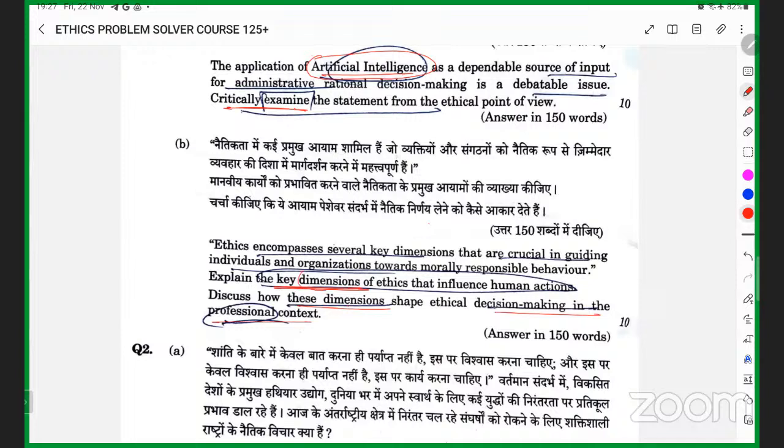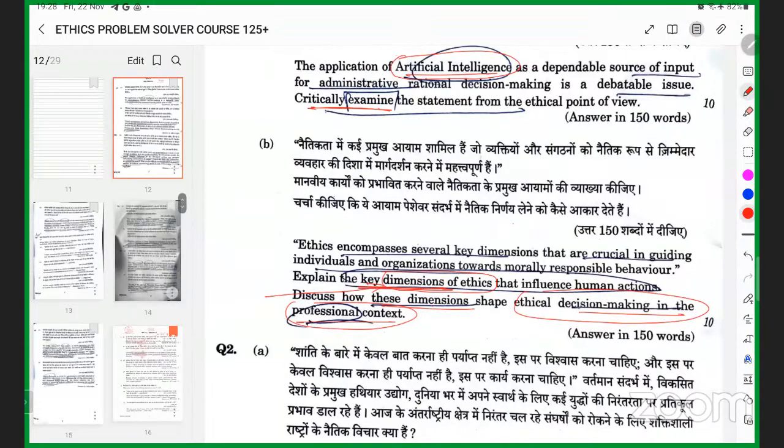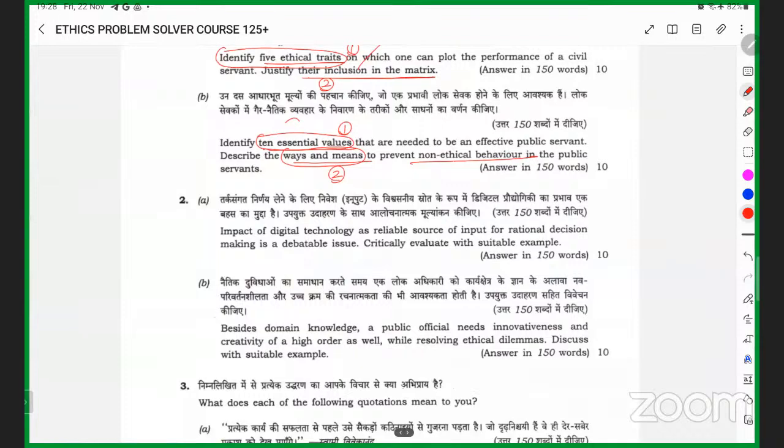Now, the dimensions of ethics is a topic which is mentioned in your syllabus, but this question is asking not just about it, but it is asking you to interlink these dimensions with ethical decision making in professional context. This again requires some amount of analysis. Now, let me show you what our approach will be in answering these questions.